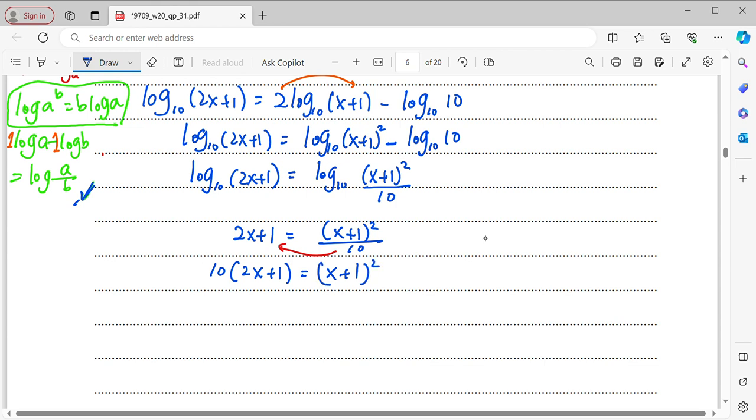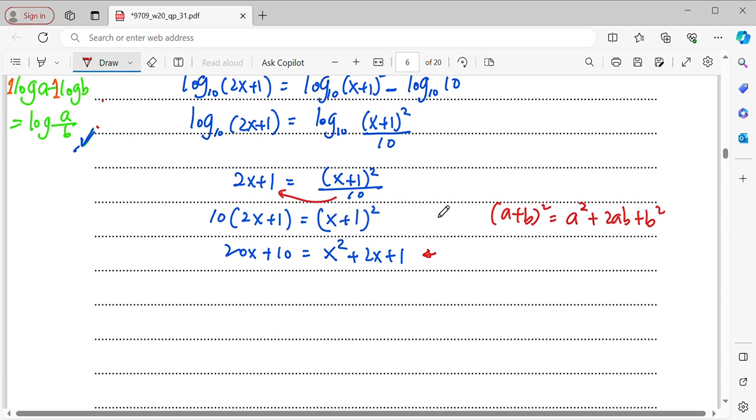Then now I will do expansion. So the left hand side will be 20x plus 10. The right hand side will be x squared plus 2x plus 1. I'm expanding this using (a plus b) squared equals a squared plus 2ab plus b squared, to get these 3 terms.